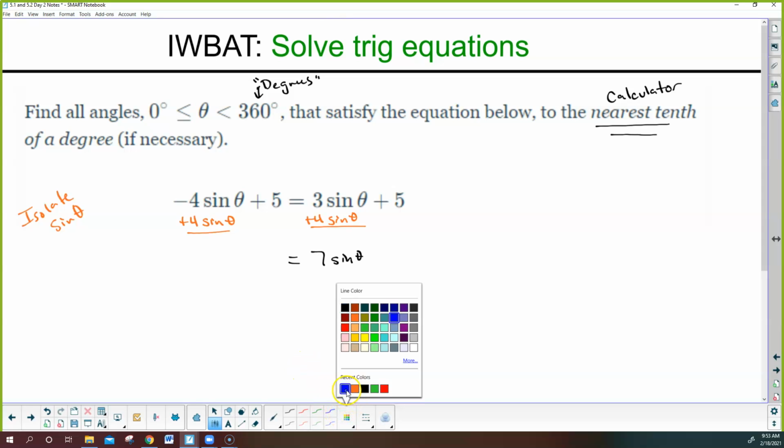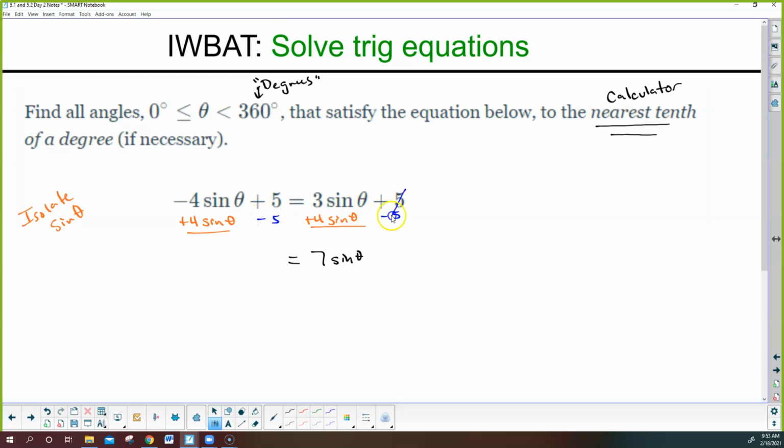Okay. Now, at the same time, I know that the 5s have to join together. So I'm going to take the 5 on the right side and move it over to the left side. But you notice those are going to add up to 0, and those add up to 0. So you have to have something on the left side, so I have 0.